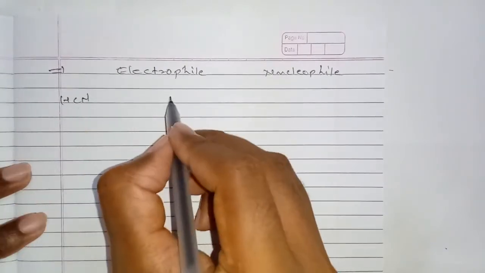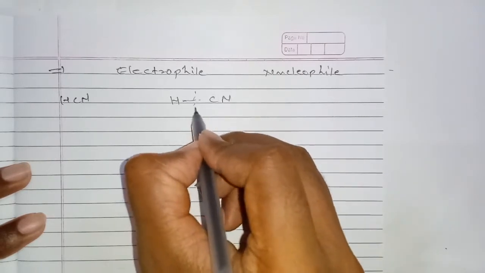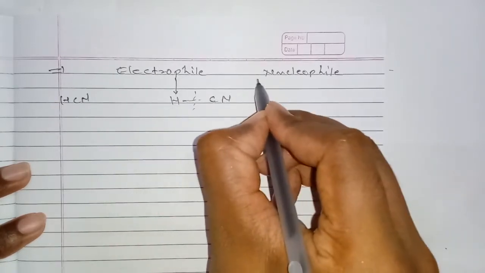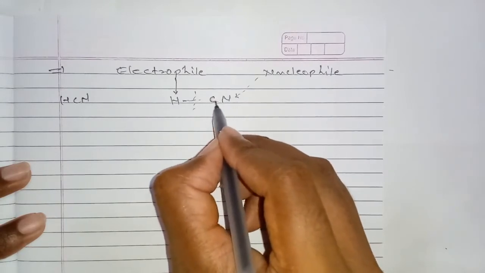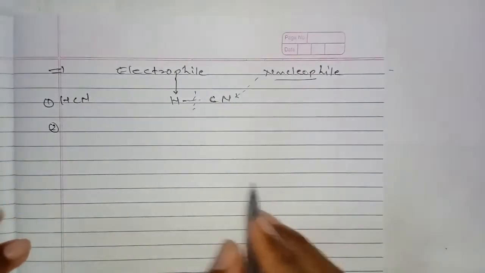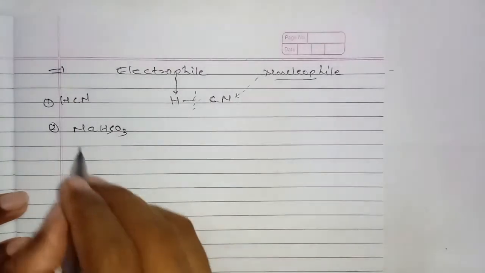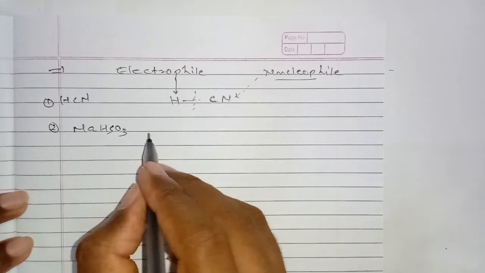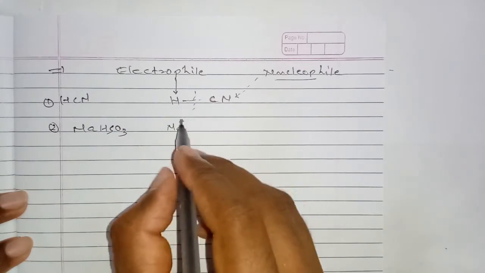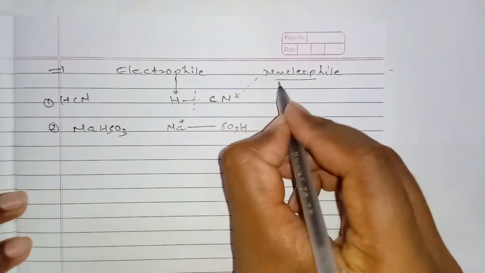For HCN, H and CN, so H will act as the electrophile and cyanide will act as the nucleophile, is the first case. And the second case, sodium bisulfite NaHSO3: Na plus will act as the electrophile and the SO3H will act as the nucleophile.